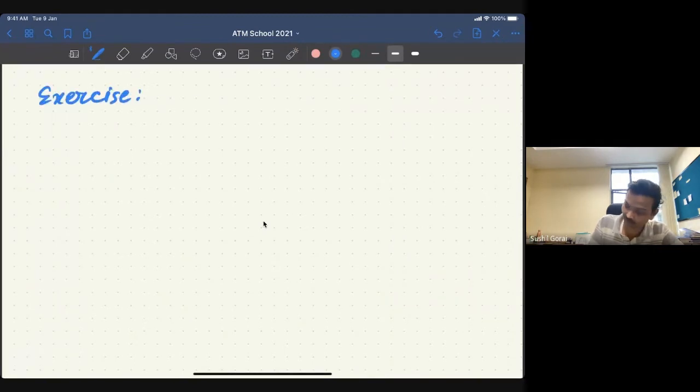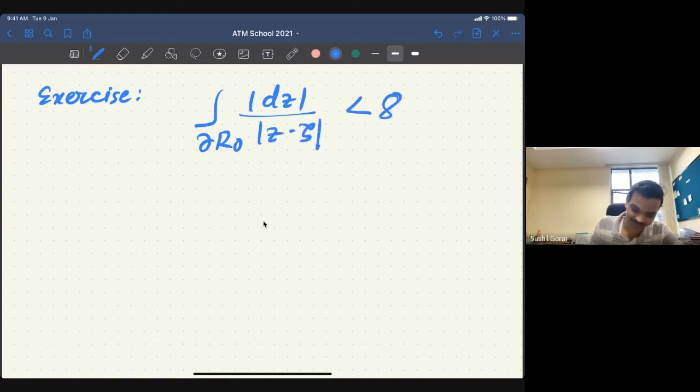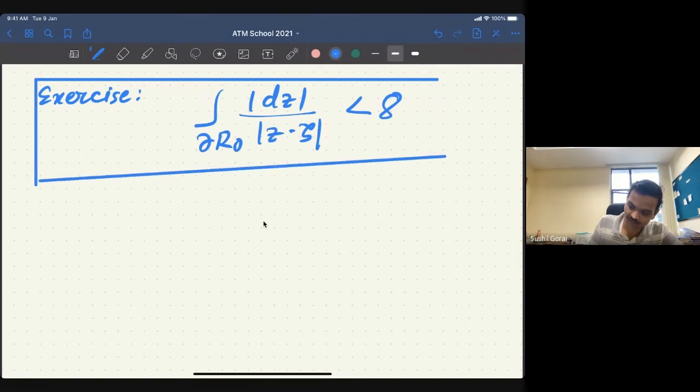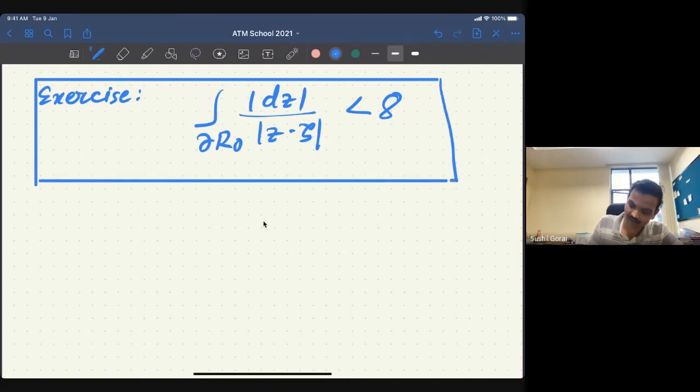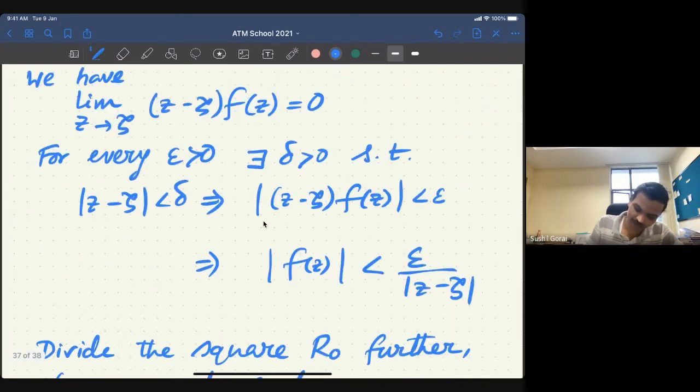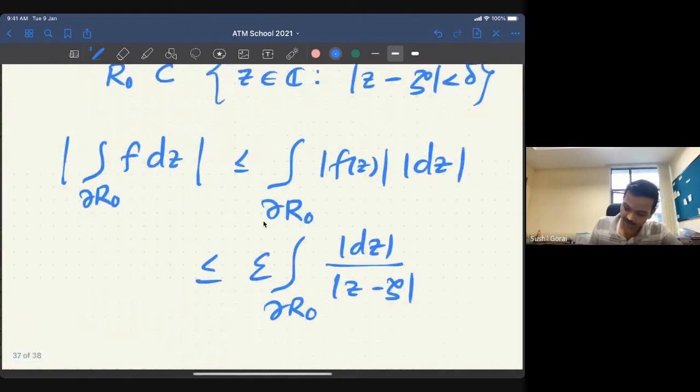It is there in the tutorial. The integral over del R naught of mod dz by mod z minus zeta is less than 8. So now continue the proof. From now on, this will be less than or equal to 8 epsilon.